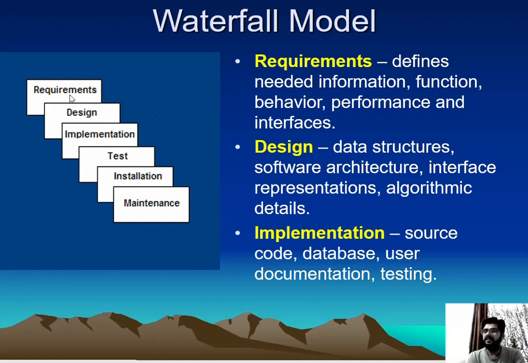That error will become part of the design, part of the implementation, or part of the testing. So that issue will persist while testing. If we are unable to solve that defect in the requirement phase itself, then the issue will persist during implementation and maintenance also. So this is a very big disadvantage.